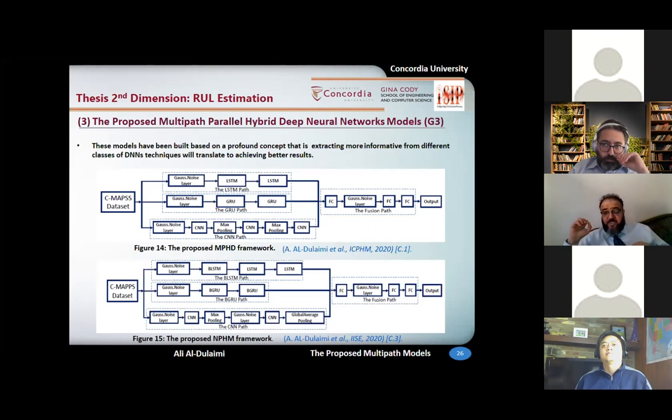Hence, the purpose of extracting more features is to provide more knowledge about the data, which will enhance the learning process and, as a result, achieve better results. All the proposed models have been designed based on 3 parallel paths, followed by 1 fusion center path.